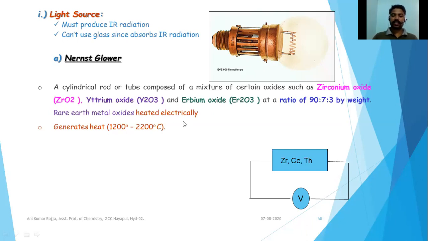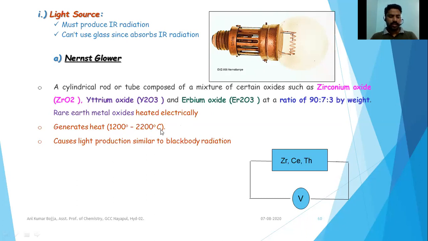This heat containing radiation will contain wave number values from 12,500 to 667 centimeter inverse.